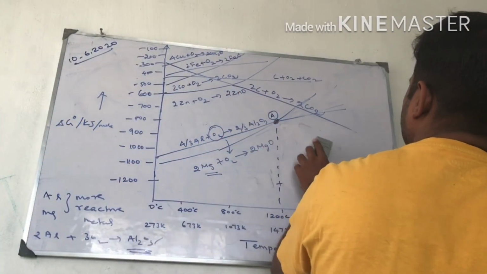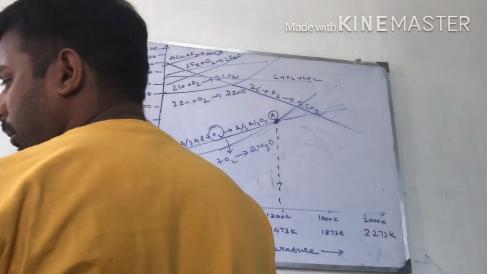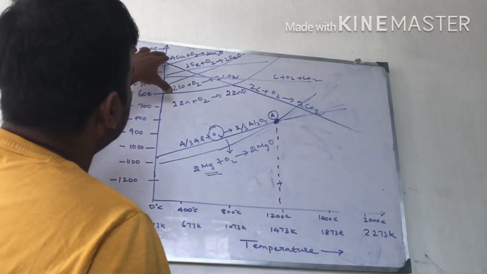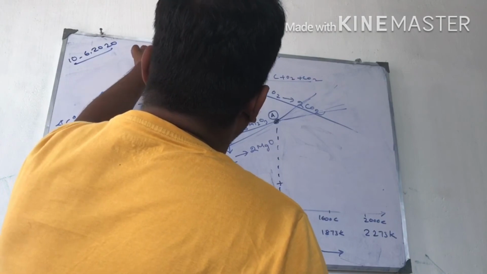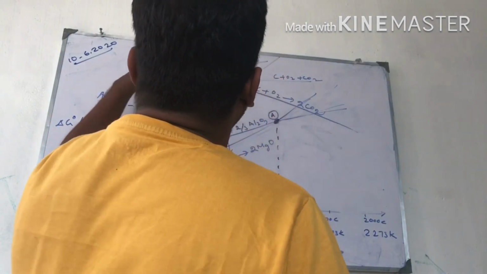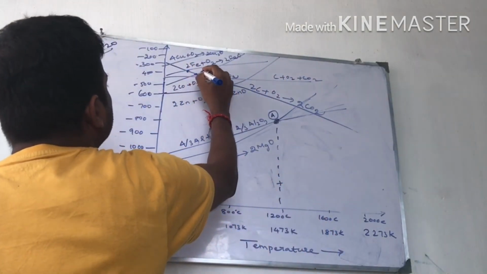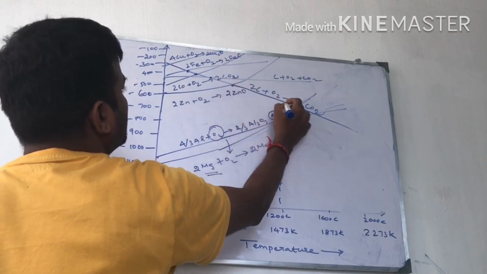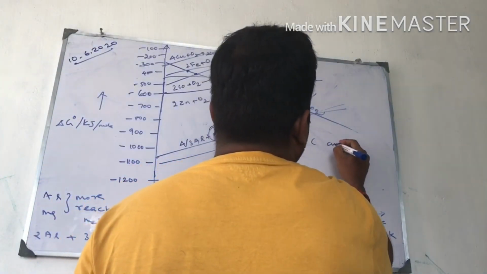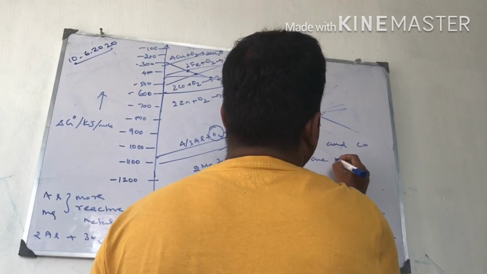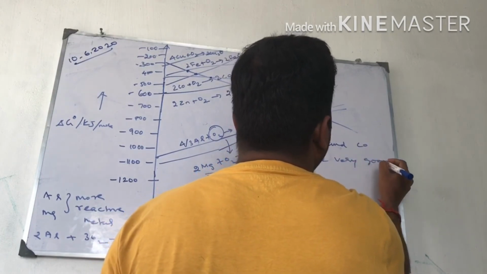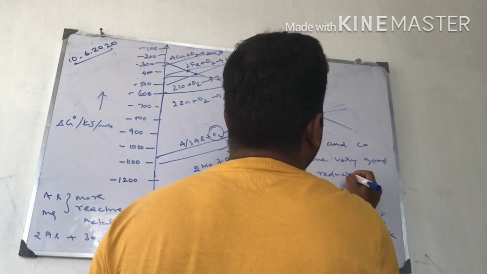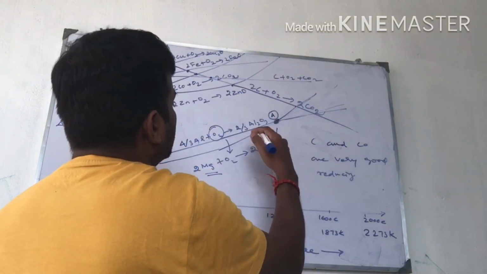Next is carbon monoxide. While coming from top to bottom, carbon cuts many metal oxide lines. So carbon and carbon monoxide are very good reducing agents, because they cut many metal oxides.